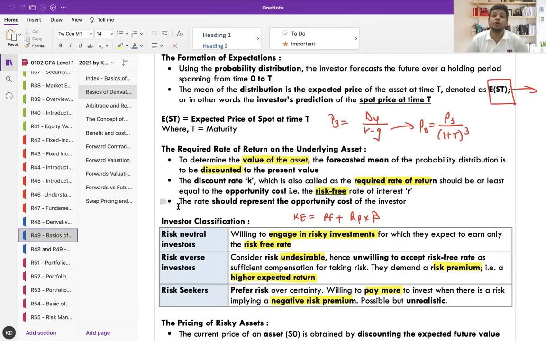You'll find some people who are completely exceptional or irrational. So this is a very rare scenario. Which is the rare scenario out here? Risk seeker, the negative risk premium. It is just a theoretical scenario. Practically, we don't have such a scenario. Very rarely we do have such people. Most of us are either risk averse or in a few cases risk neutral.